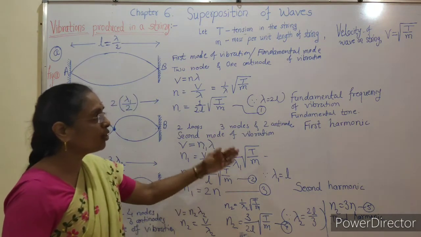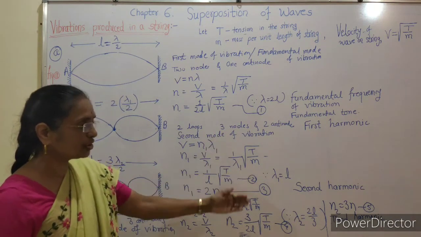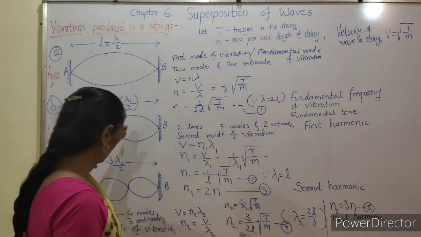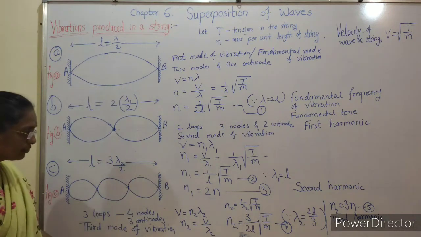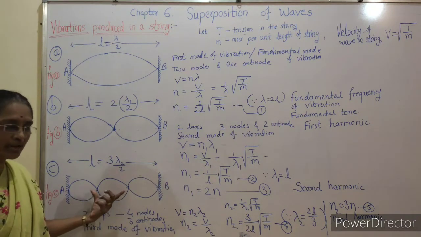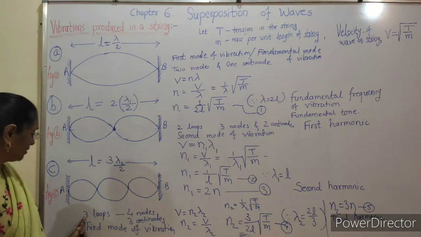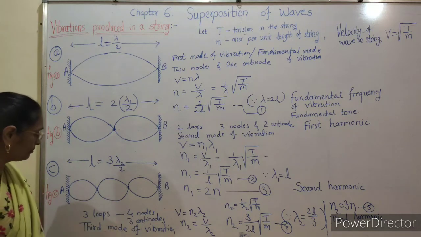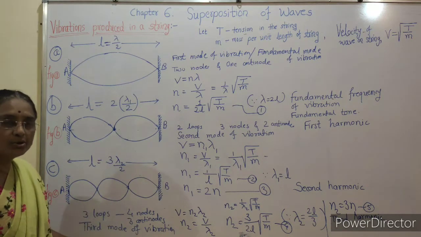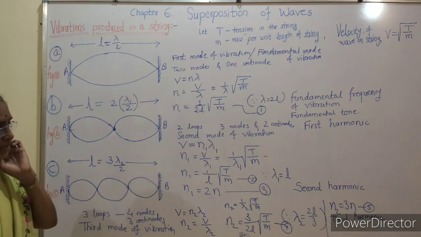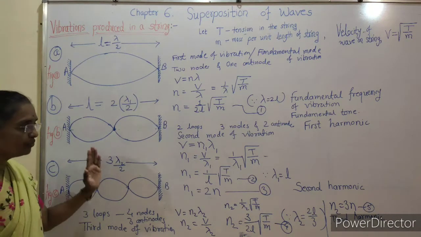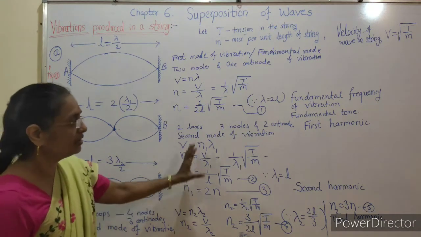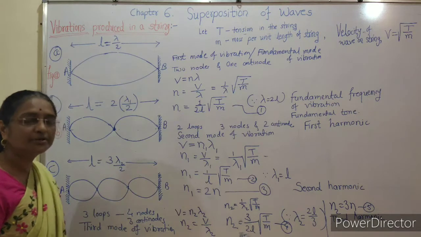Now if we go on writing such harmonics, then again we can form the fourth figure by having 3 clamps. Then it will consist of 4 loops. Then in the fifth mode it is 5 loops like this. We can continue it, but for our discussion these 3 figures are sufficient.